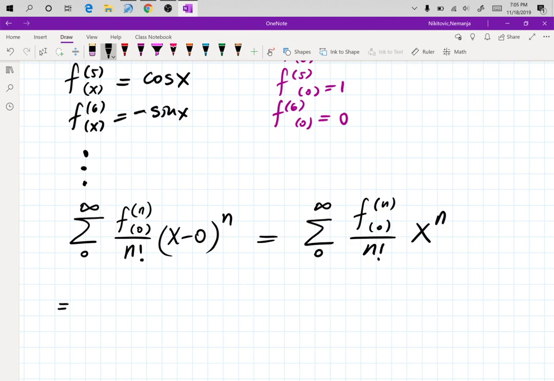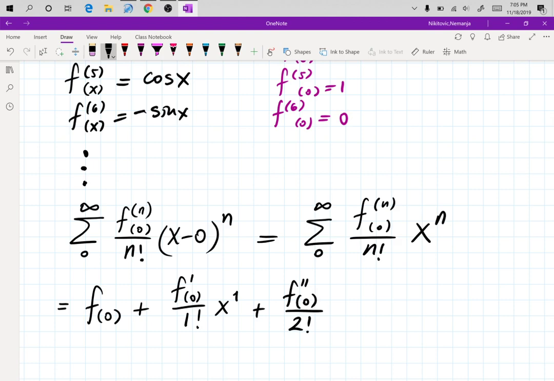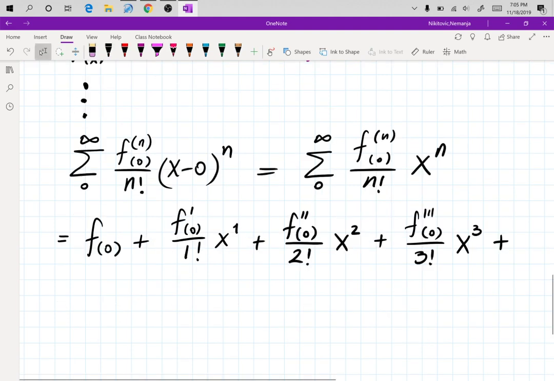So the first term is f of 0 plus, when n is equal to 1, I have the first derivative computed at 0 divided by 1 factorial times x to the first power, plus second derivative computed at 0 divided by 2 factorial times x to the second power, plus, now n is 3, third derivative computed at 0 divided by 3 factorial x cubed, plus fourth derivative, notation changed, divided by 4 factorial x to the 4.